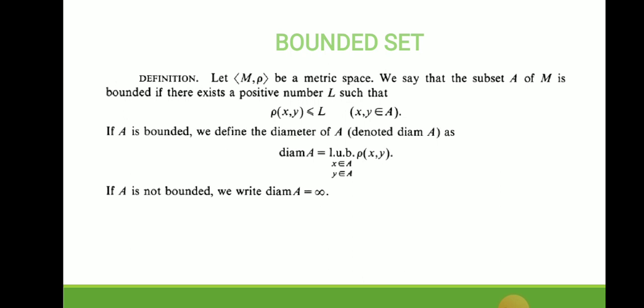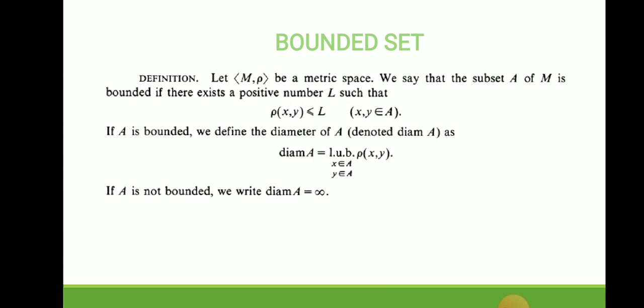The subset capital A of M is said to be bounded if there exists a positive real number capital L such that the distance between any two points under rho is less than or equal to L. So, if you choose any points x, y belonging to A and measure the distance rho of x comma y, that distance is always less than or equal to L. For any two points it should satisfy the condition rho of x comma y is less than or equal to L, then the given subset A of M is said to be bounded.